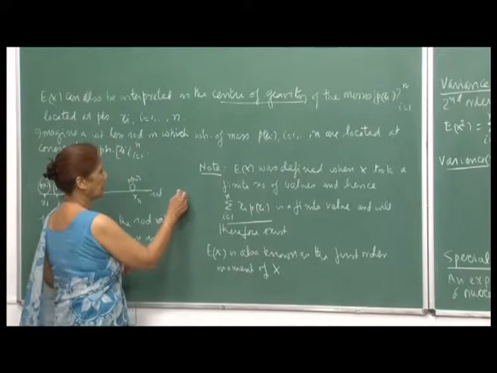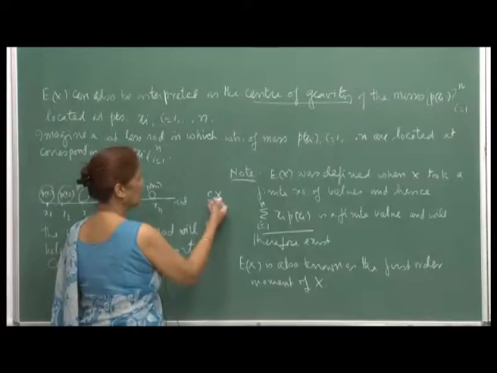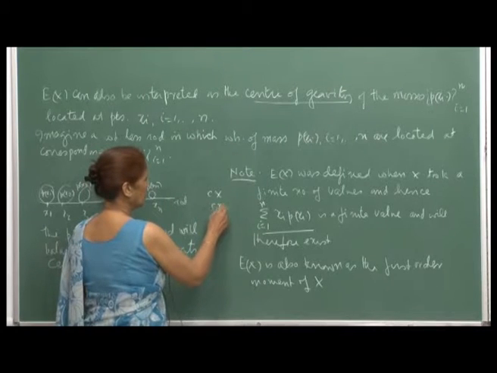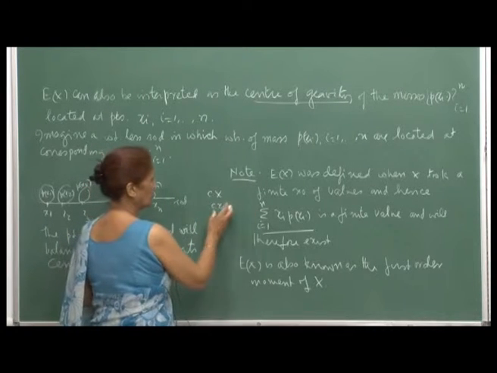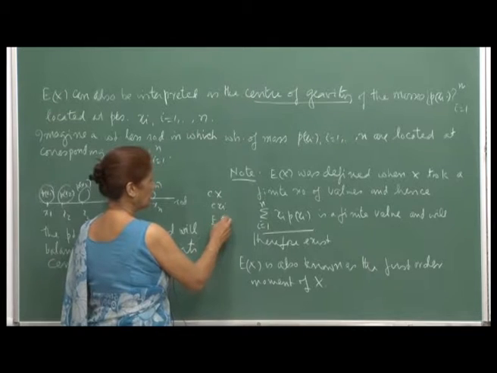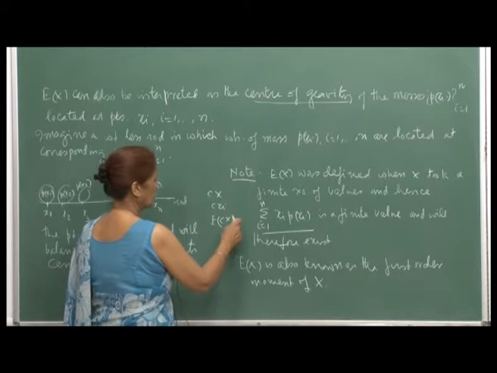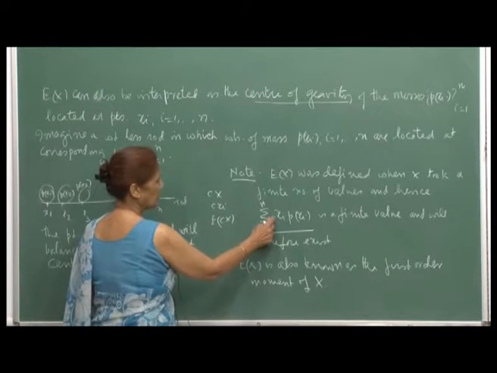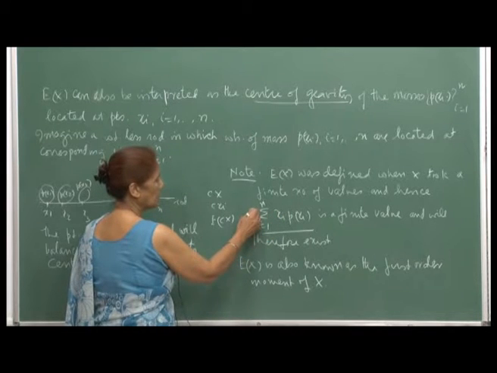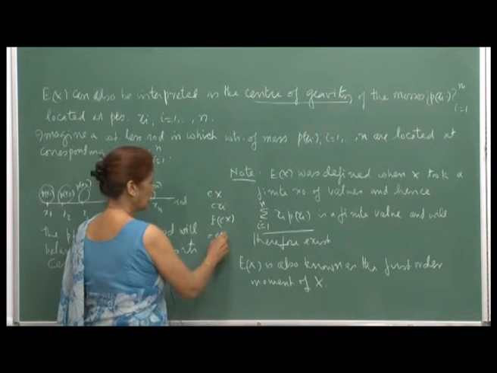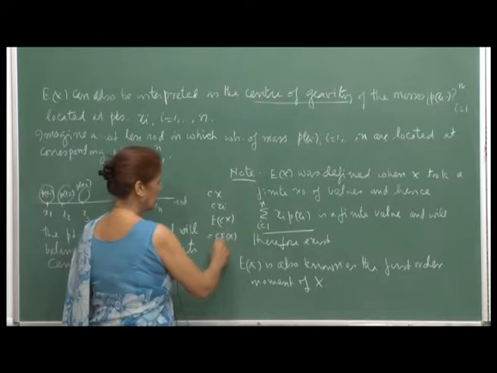If I consider the random variable Cx instead, then Cx will take the values C x_i, and since C is a constant, it will come out, and so this will be simply C E[x].